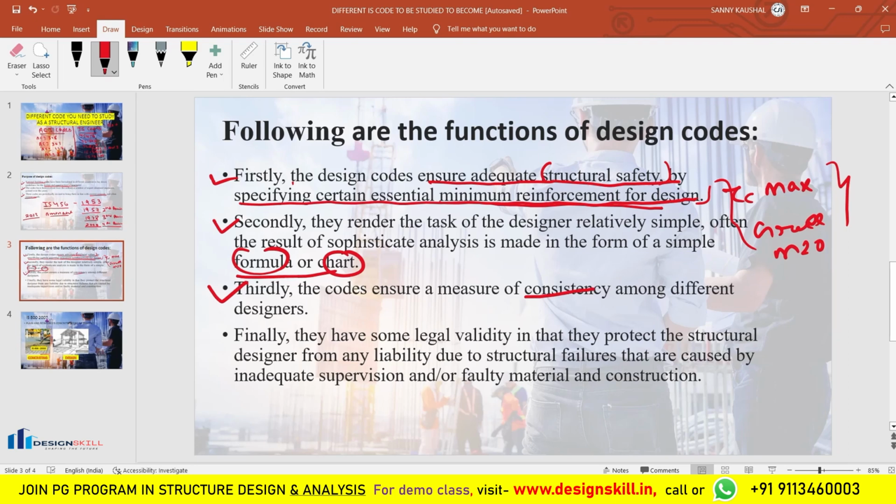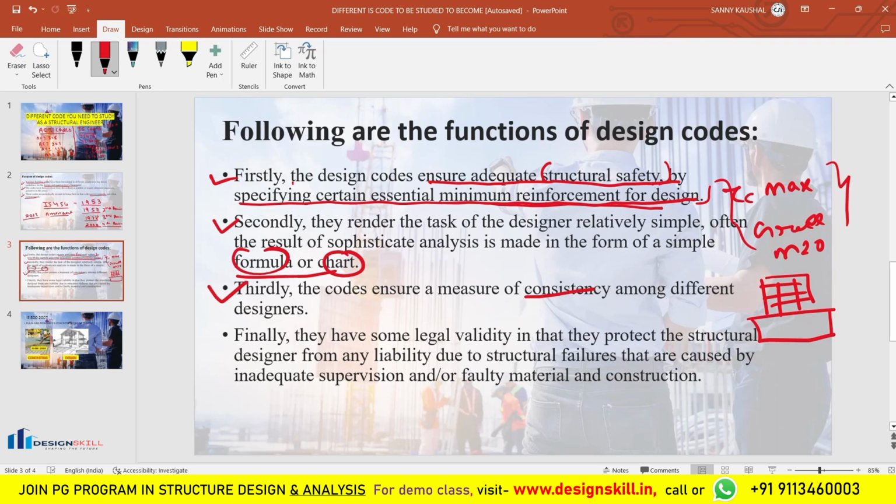Let's suppose I have a structure here, and the same structure has to be designed by three or four structural engineers. Then what will happen? The outcome of the design will be almost the same for every structural engineer. Not exact, but almost the same.